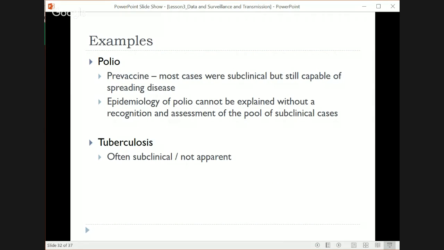And the epidemiology of polio, and eradicating polio, can't be explained without recognition and assessment of the pool of subclinical cases. Tuberculosis is similar in that it's often subclinical and not apparent who has tuberculosis, because tuberculosis isn't always infectious.